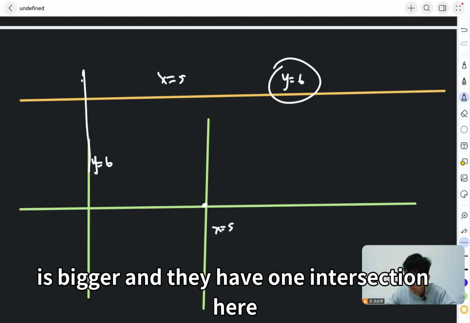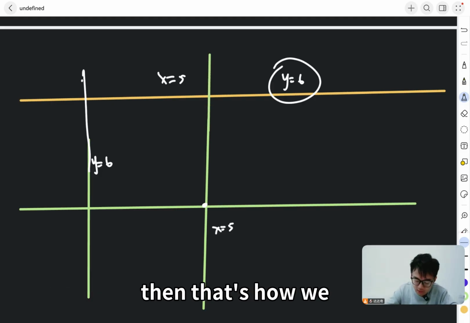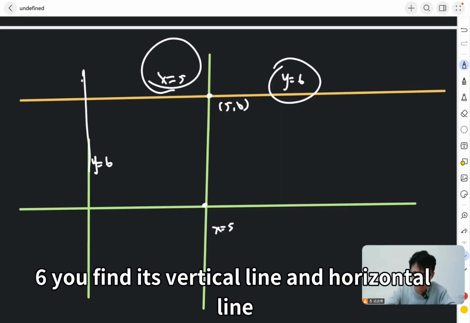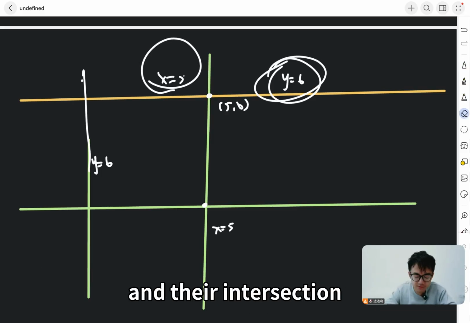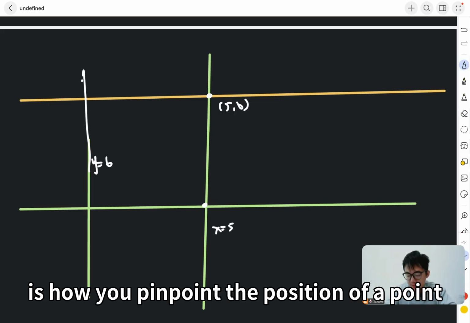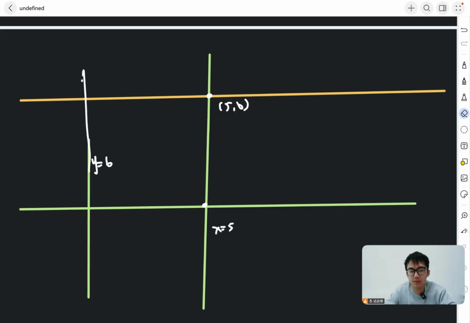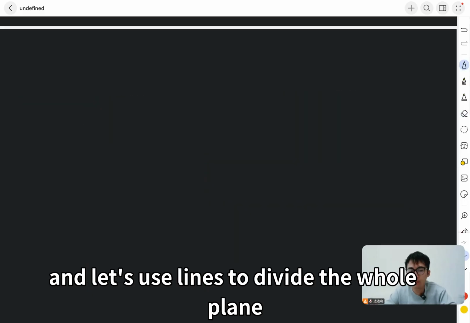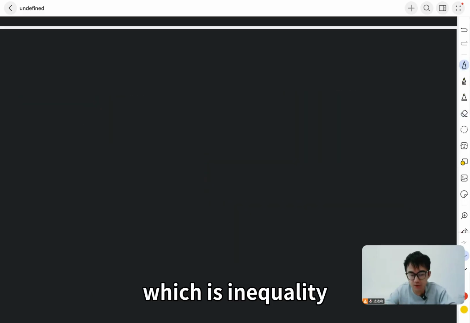And they have one intersection here. That's how we taught you in the first class how to find a point (5, 6): you find a vertical line and a horizontal line, and their intersection is how you pinpoint the position of a point.